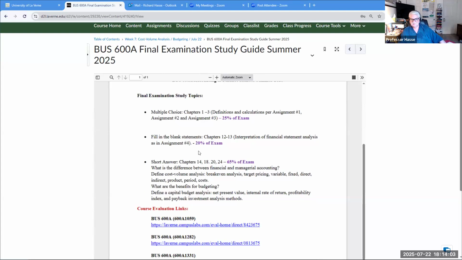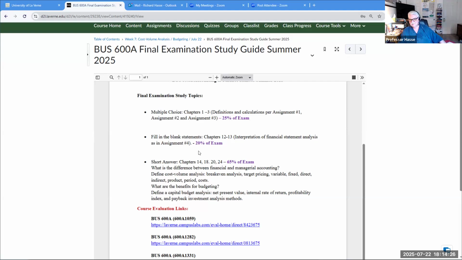Another 20% of the exam will be in section 2, which is going to cover the interpretation of financial statement analysis, mainly discussed in assignment 4 that you recently completed. That's covering chapters 12 and 13. Those are fill in the blank short answer questions concerning assignment number 4.